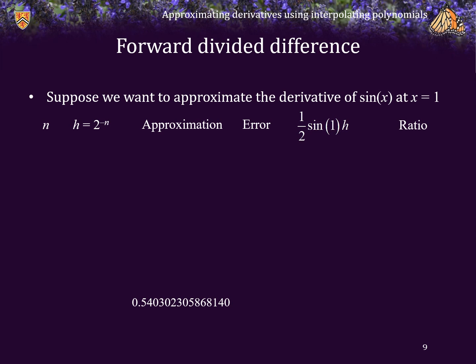And again, that's based on negative 1/2 times the second derivative of the function evaluated somewhere close to the point x equal to 1. We don't know where that point is, so we're just going to substitute the value of 1. But this will be multiplied by whatever value of h we are currently using.